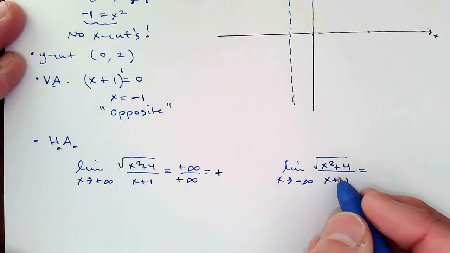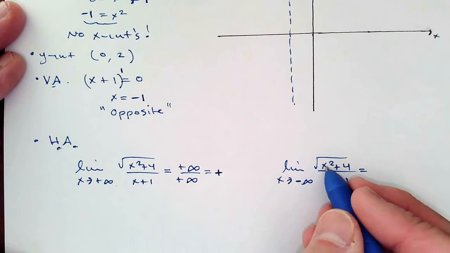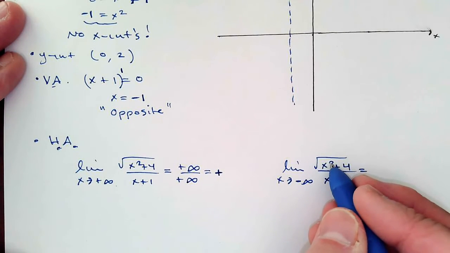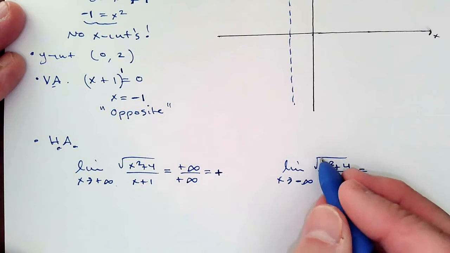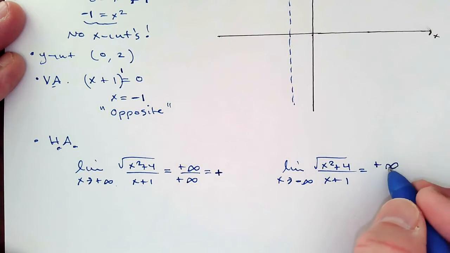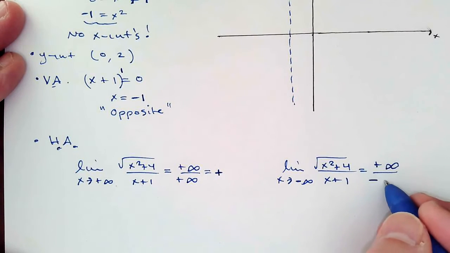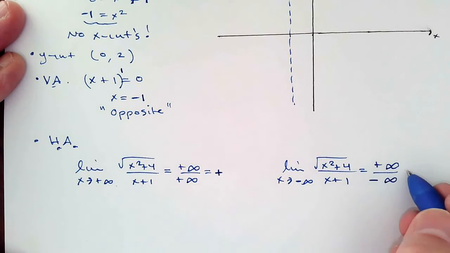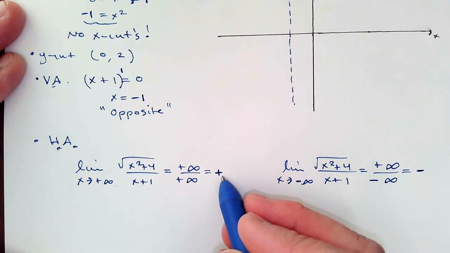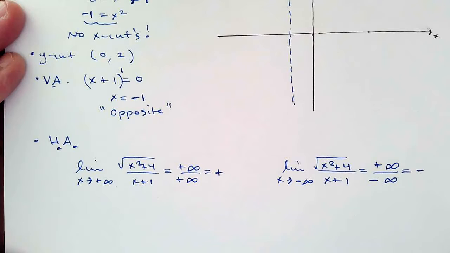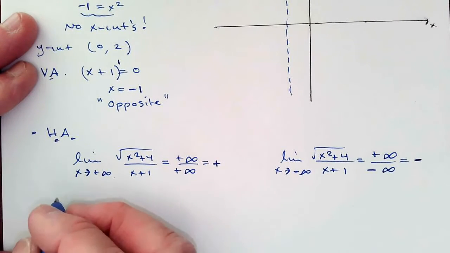But if you look at this one, if x goes to negative infinity and I square it, that's back to positive infinity. Plus 4, take the square root, my numerator goes to positive infinity. But if I put a negative big number into the denominator and add 1, this is going to be a negative number. And a positive over a negative is going to be a negative. So you can see, unless the answer is 0, I should be getting a positive asymptote in one direction and a negative asymptote in the other direction.